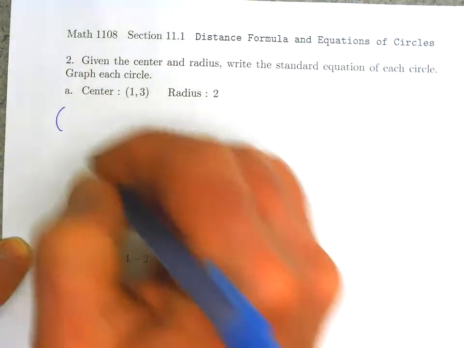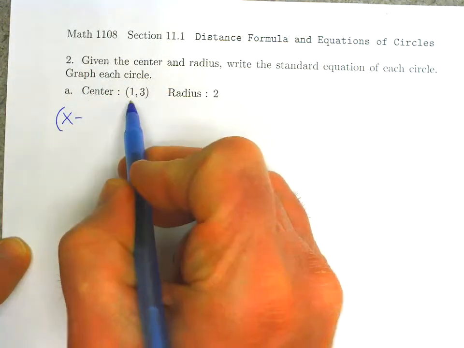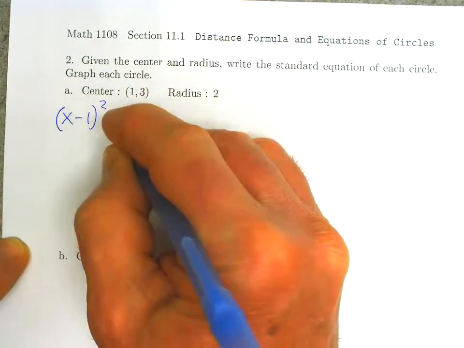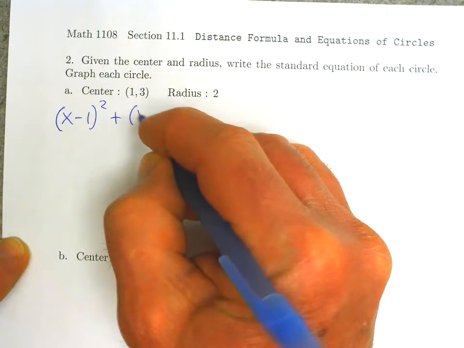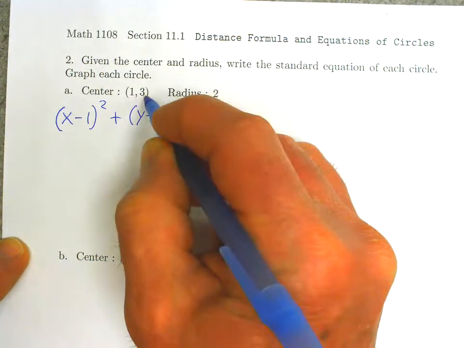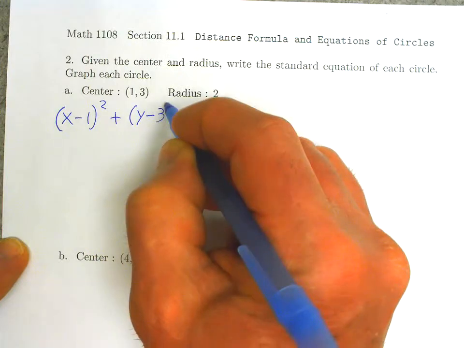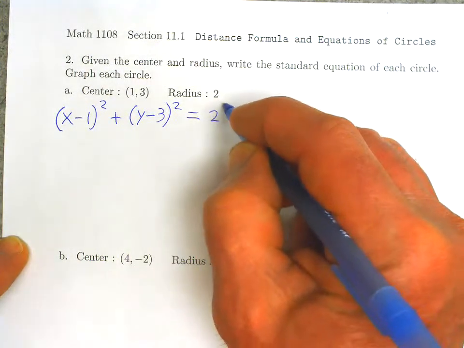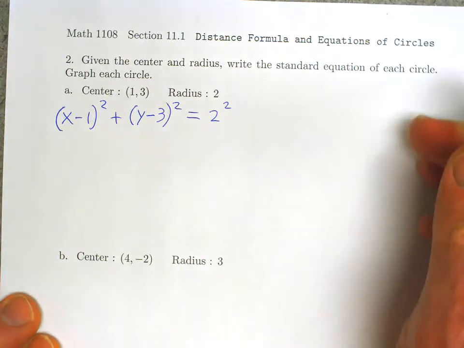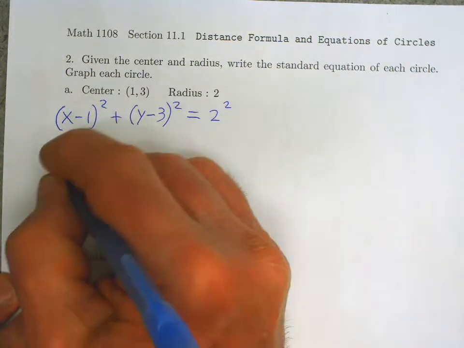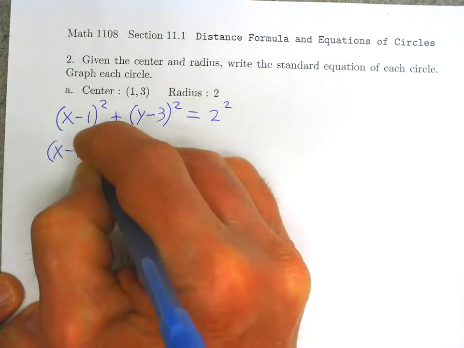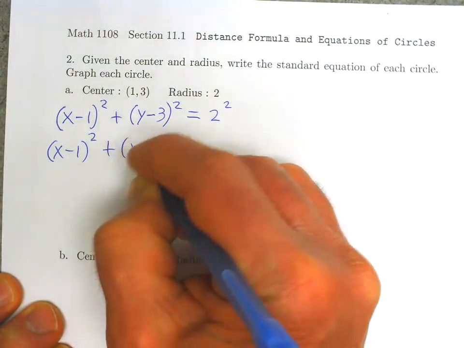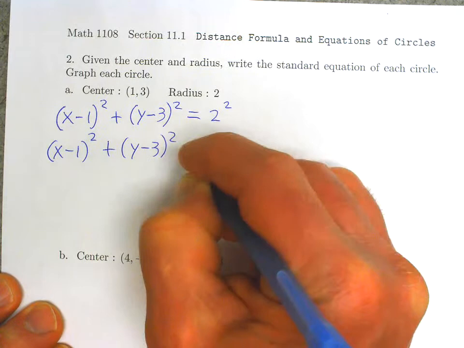In parentheses, it's x minus the x-coordinate quantity squared plus the quantity y minus the y-coordinate of the center squared equals the radius squared. Or x minus 1 quantity squared plus the quantity y minus 3 squared equals 4.